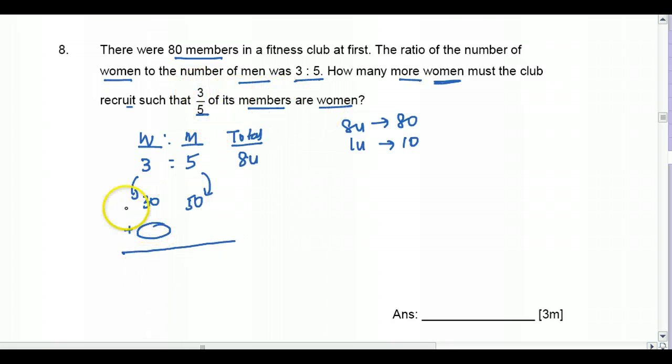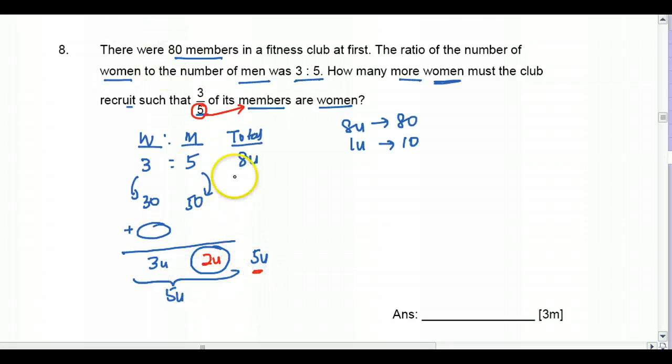So my women becomes 3 units out of my total members, which is 5 units. So now my men would be, what do you think? Yes, it would be 2 units, right? Because 2 units plus 3 units will give me a total of 5 units. Members means the total number.